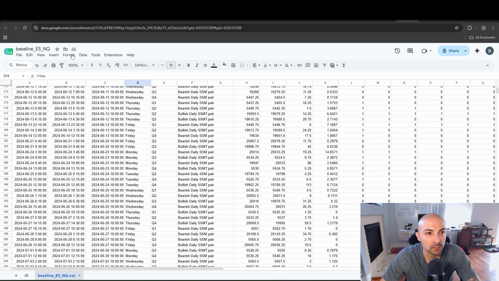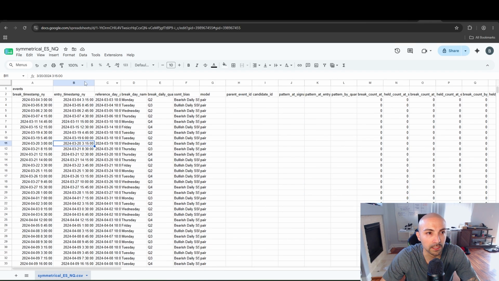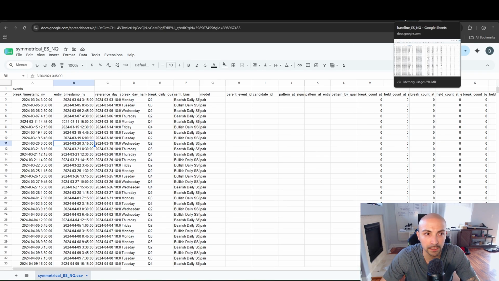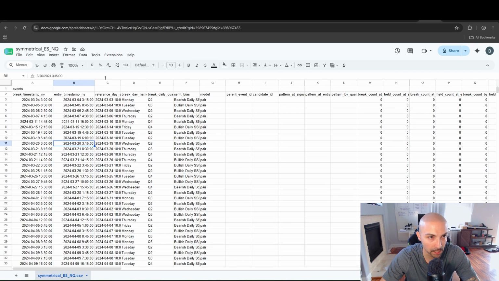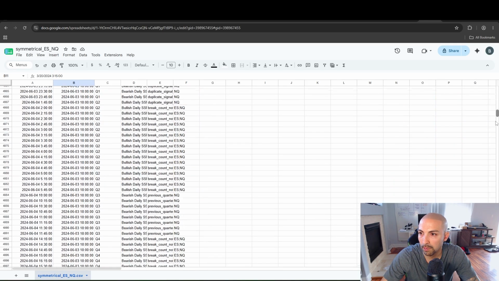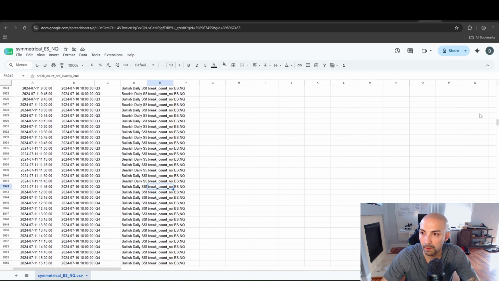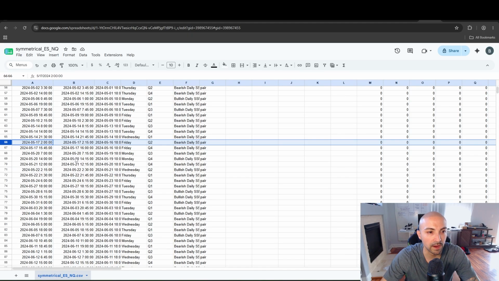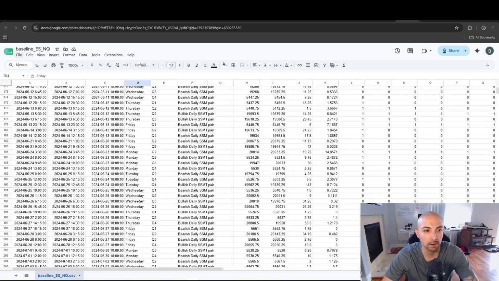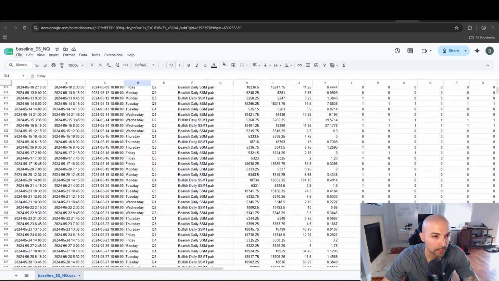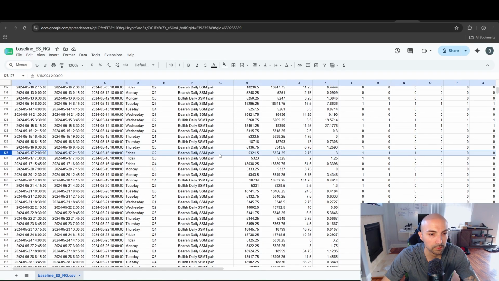Let's move on to the results. We've got a baseline and we've got symmetrical. Baseline basically means asymmetrical plus symmetrical trades. Let's just look for a random one. Okay, so 5/17/2024, around 2 o'clock.